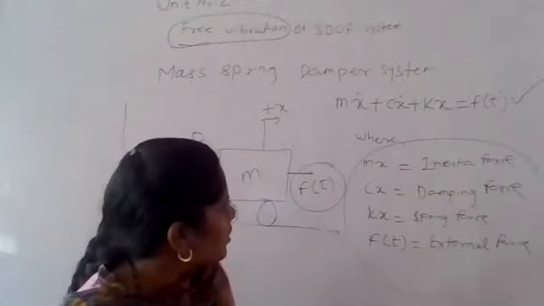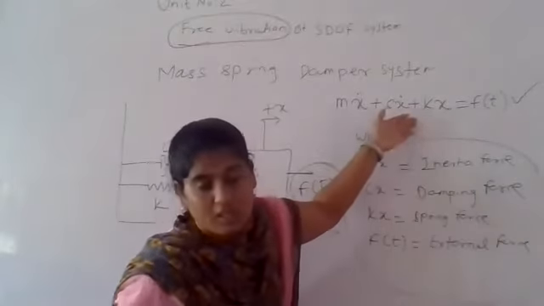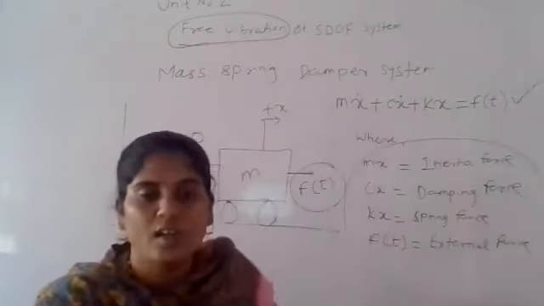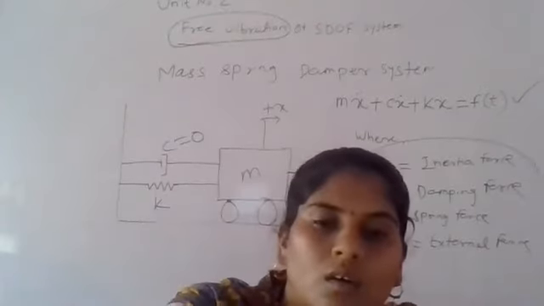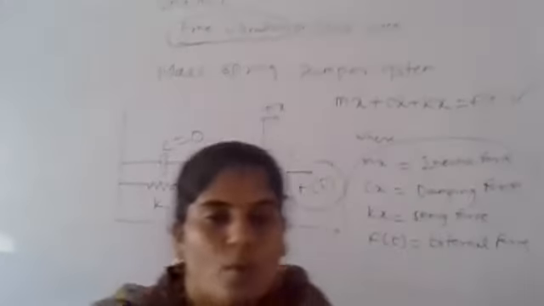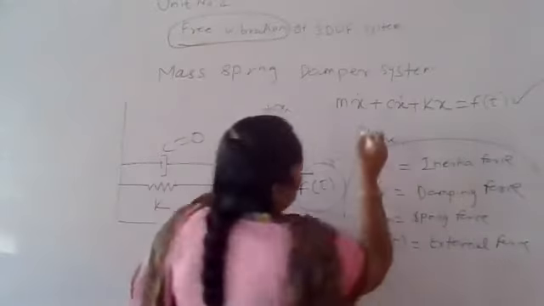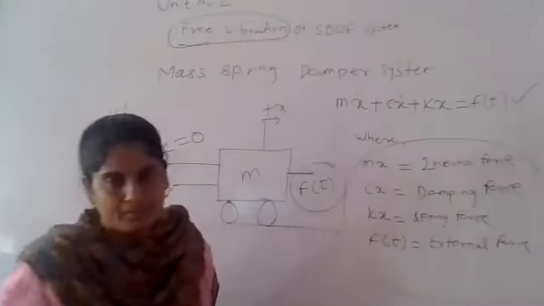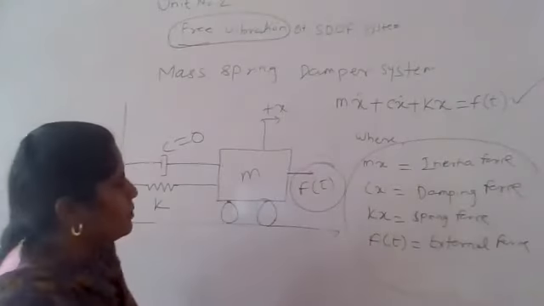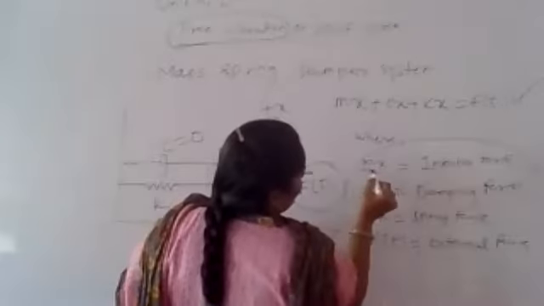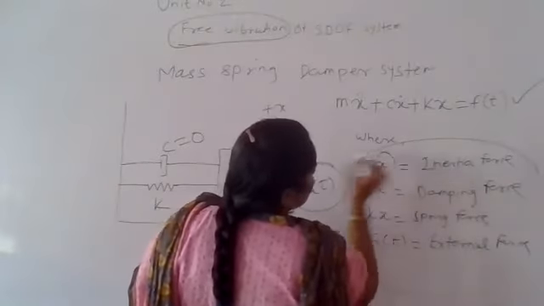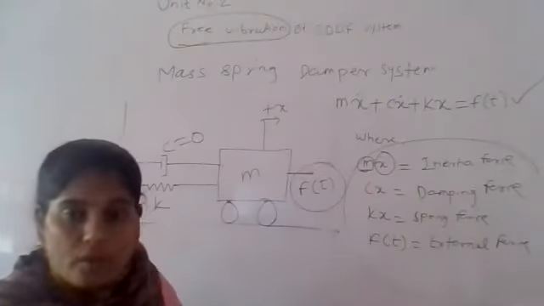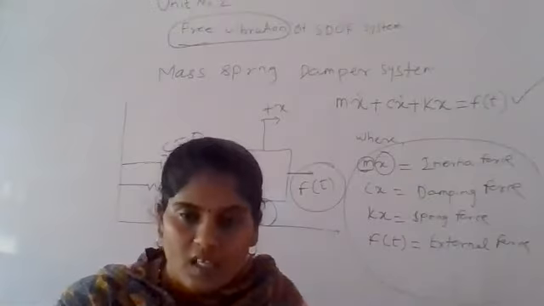Okay, so based on this you write that derivation, the general equation of motion, which is mx double dot plus cx dot plus kx equal to f of t. बघा या ठिकाणी महत्त्वाचं म्हणजे काय, that m changes with respect to the acceleration.